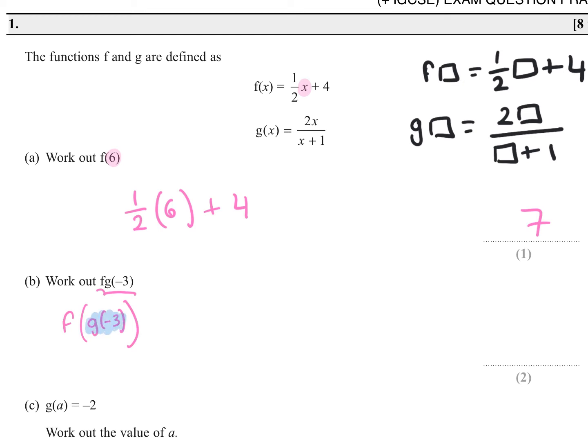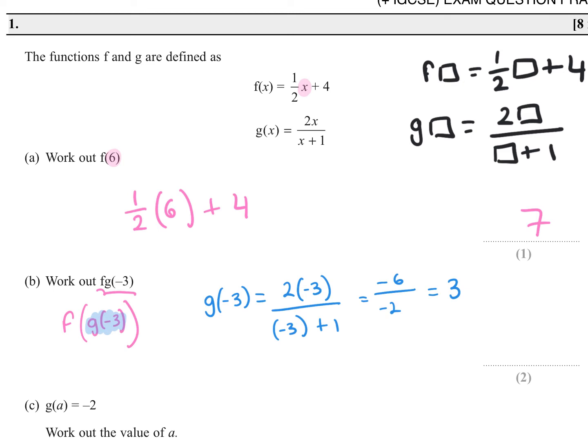So g of minus 3 equals 2 lots of minus 3 over minus 3 plus 1. 2 times minus 3 is negative 6 over negative 3 plus 1 is negative 2. Negative 6 divided by negative 2 is 3. So g of minus 3 equals 3.